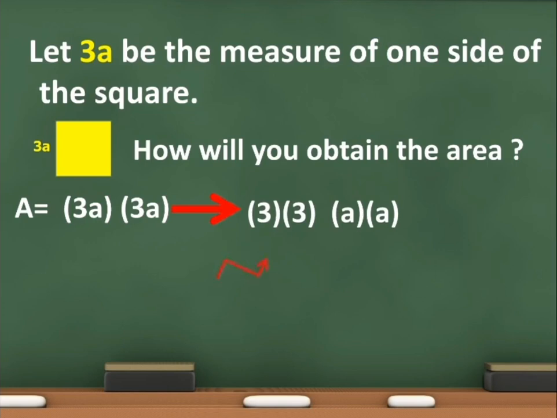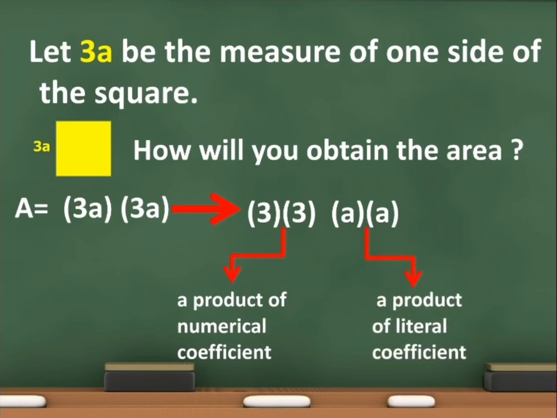So 3 times 3 is a product of a numerical coefficient. And then a times a is a product of literal coefficient. So 3 times 3 is equal to 9, and then a times a is equal to a squared. So 9a squared.